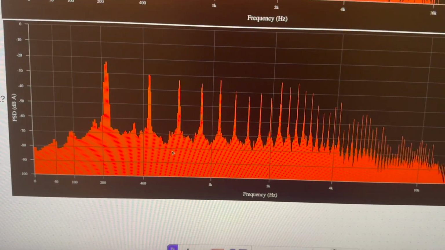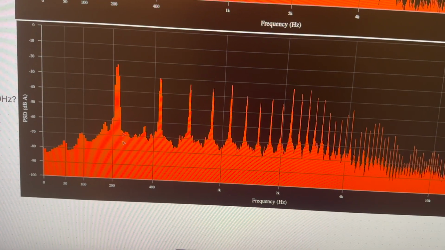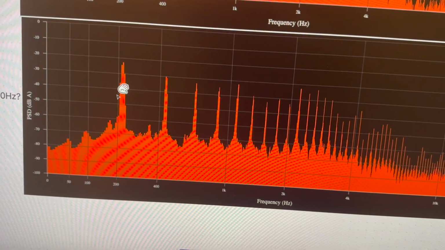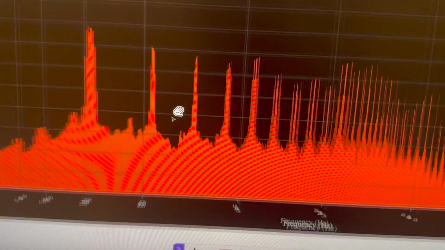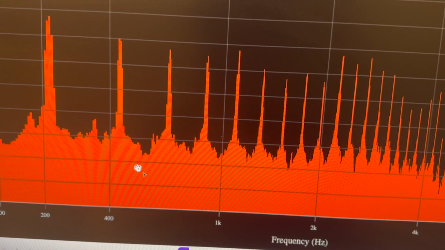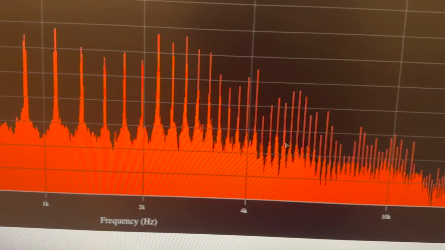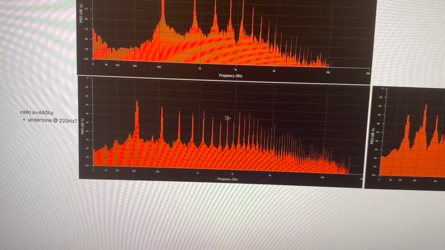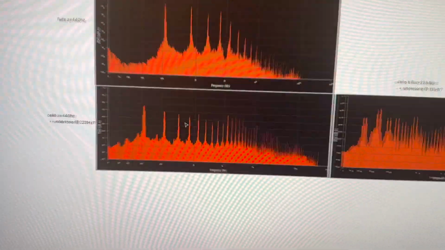There's some pretty funny patterns here because there are undertones, which are a half frequency and even less. Then all the whole number multiples of 220 appear within this, which is kind of fun to look at. And this top part is what we call the sound envelope of the timbre.